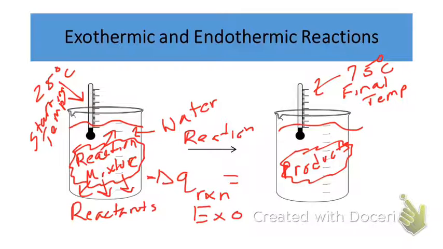Now, in terms of potential energy, the reaction mixture is losing potential energy because this is exothermic. Remember, during an exothermic reaction, potential energy is lost, which is really enthalpy. So what we can say is that the change in potential energy, or the change in enthalpy, must be negative because we're losing potential energy.